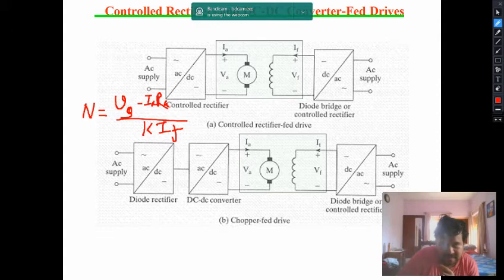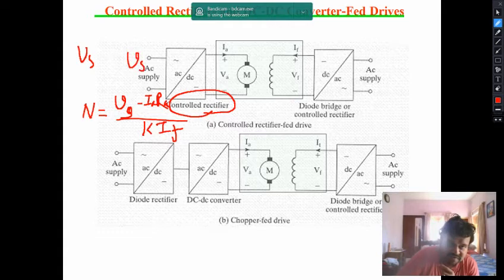So basically, for the armature circuit, you are using a controlled rectifier. Here your Vs, which is the supply voltage, becomes a function of alpha. Actually it will be V0 because it is converted from Vs to V0, so it is a function of alpha.